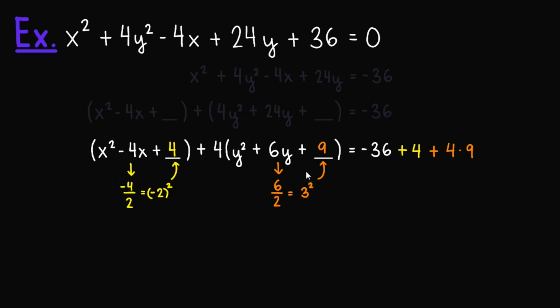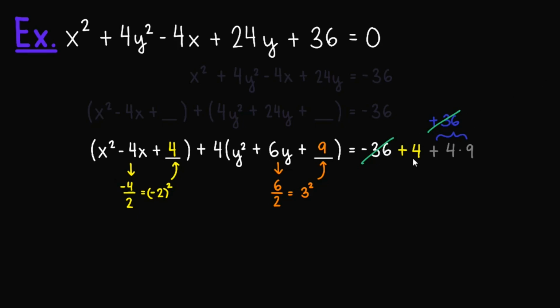This part is the crucial step in obtaining the ellipse form from the standard form equation. So now, next thing to do is let's simplify. For the right hand side, take note that 4 times 9 is equal to 36. So the 36 would cancel since this one is negative and this one is positive.